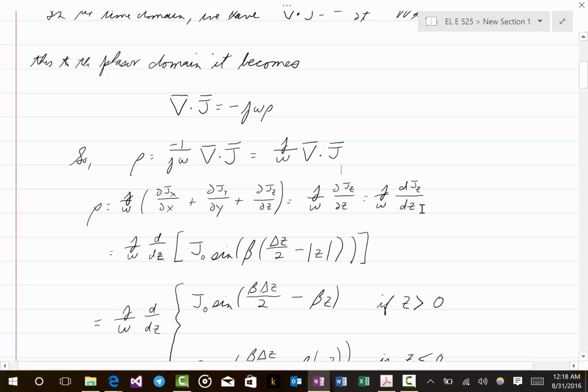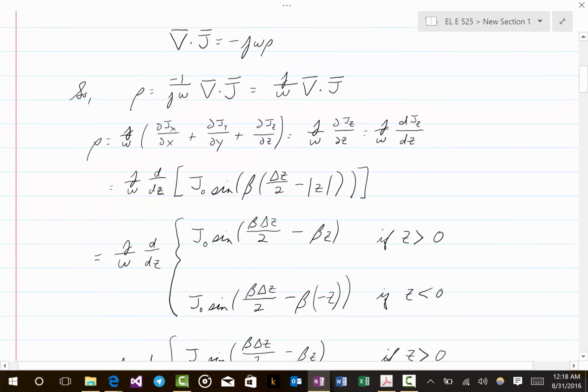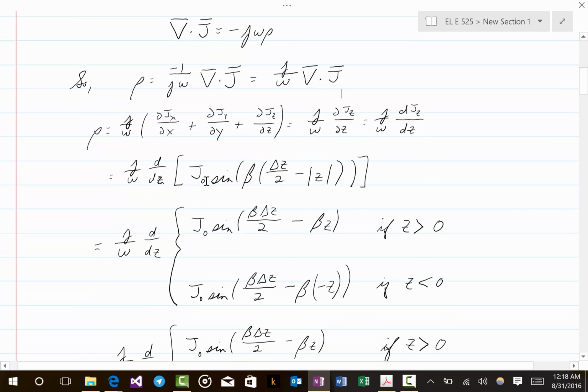So we have rho is equal to j over omega times the ordinary derivative of jz with respect to z. And when we plug in for jz into that formula, we get j over omega d/dz of j naught sine of beta times delta z over 2 minus the absolute value of z.